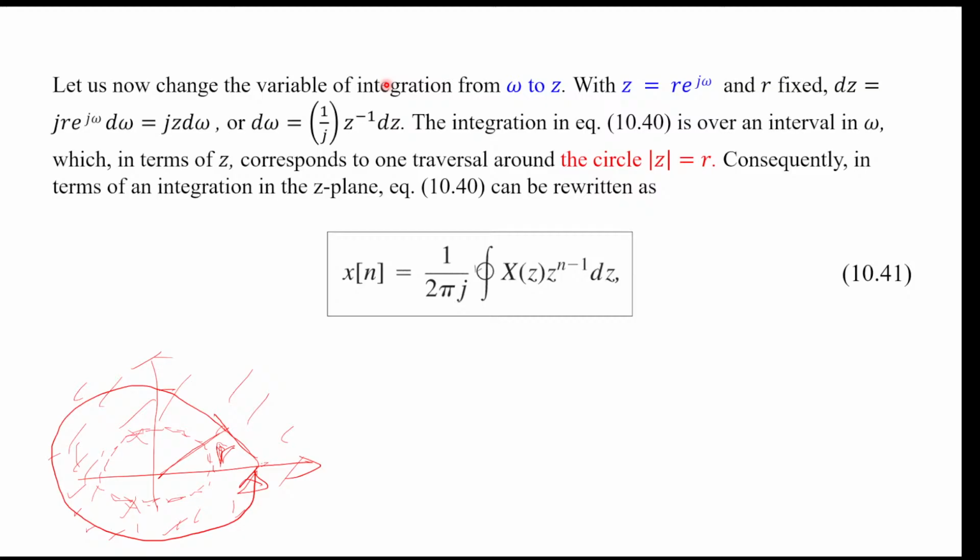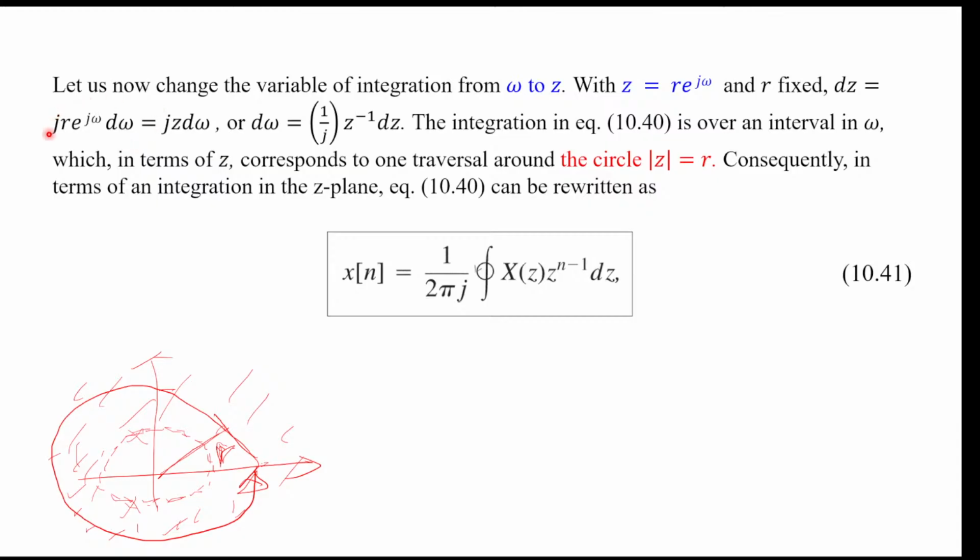So we want to change the variable of integration from omega to z, where z equals re^{jω}. So dz, with r fixed, we do this small differential calculation: differentiating with respect to omega, you get jr e^{jω} dω.